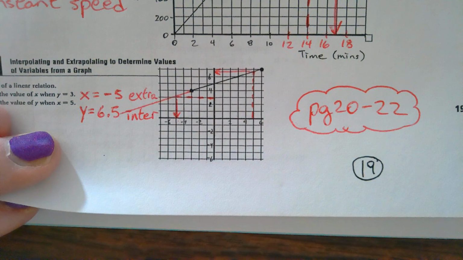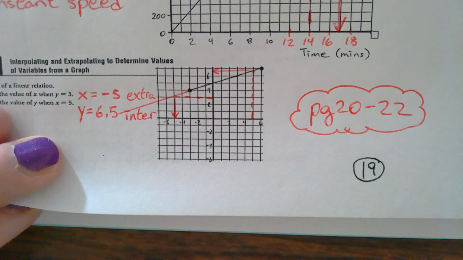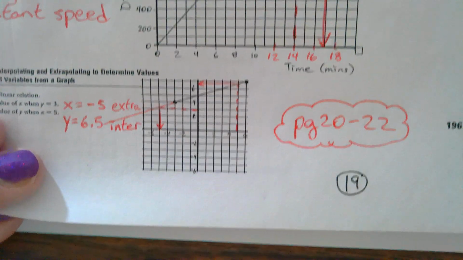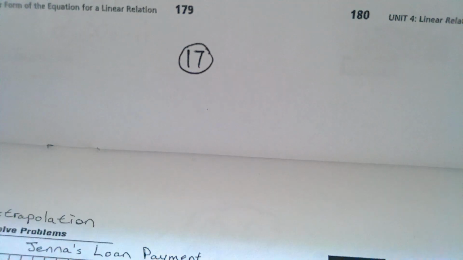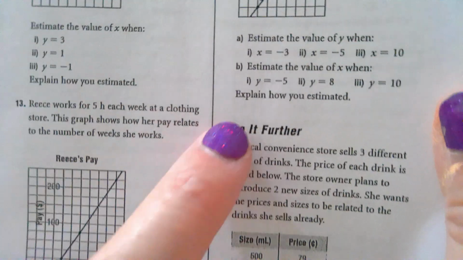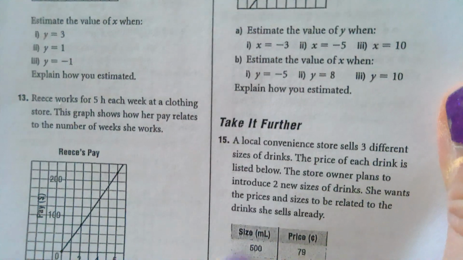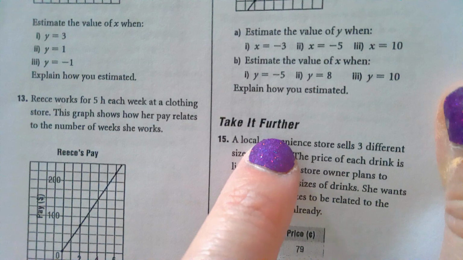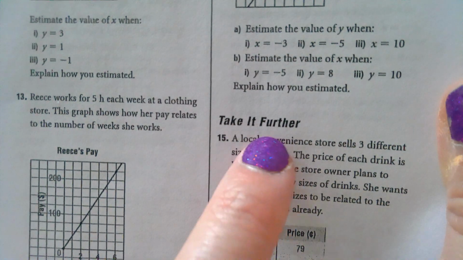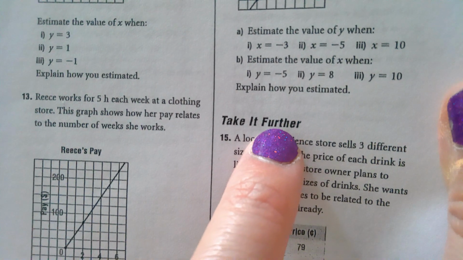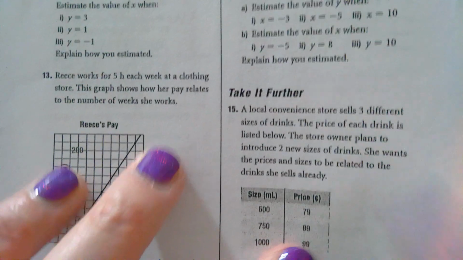Page 20 to 22. Okay. A lot of these are very short. It's just like one number answers. Whenever you see these ones right here, take it further. These are like the extended questions. You don't have to do it unless you want to challenge yourself. So these ones right here are basically the challenge questions.